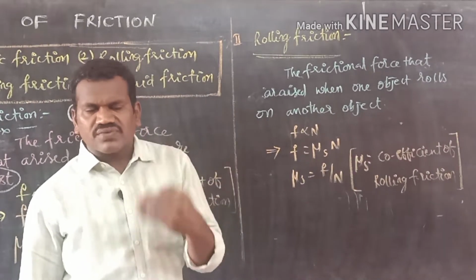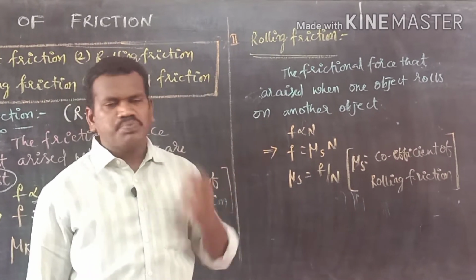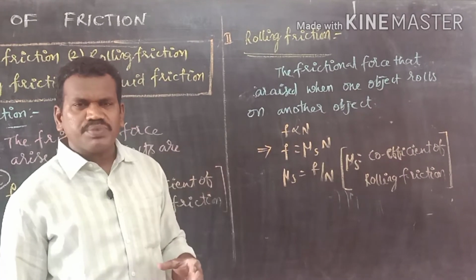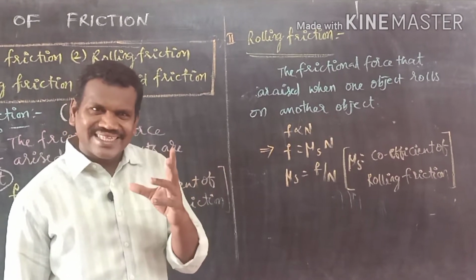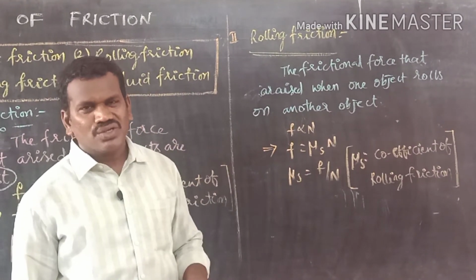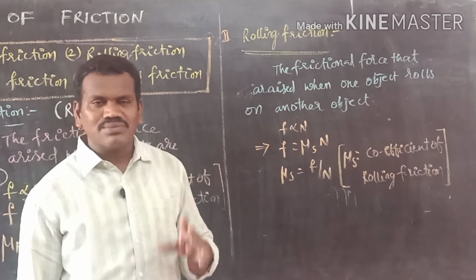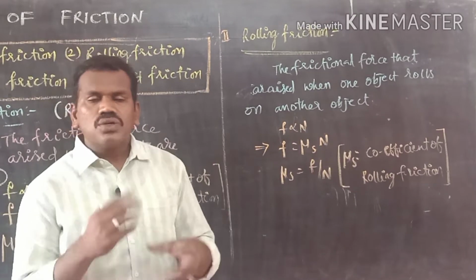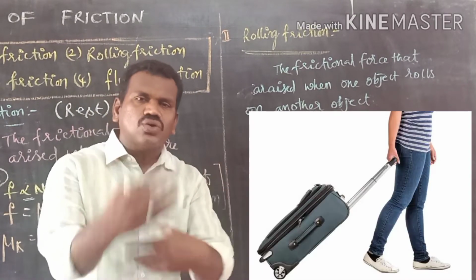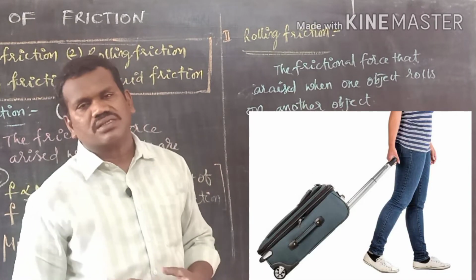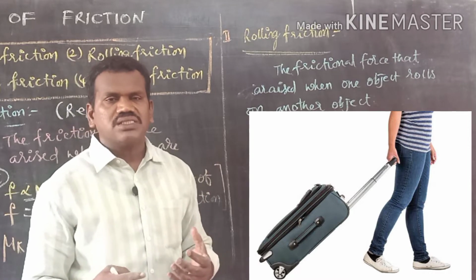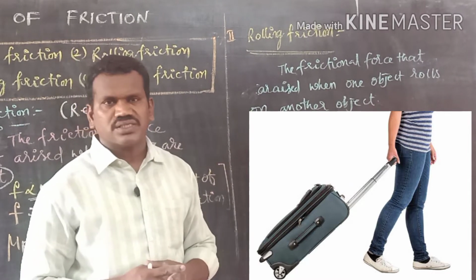For example, an ice piece slides, it does not roll. So it does not come under rolling friction. It comes under sliding friction. Rolling means one object should roll on another object. Then only can we say that friction is called rolling friction.